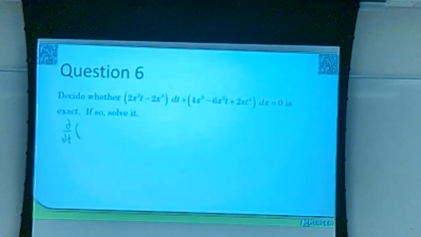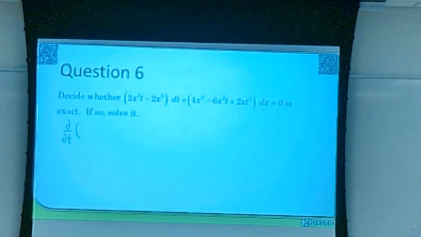What do you want partial t of? 2x squared t, 2x cubed, and dx. Right, so now the question is, why is it not 2x squared t minus 2x cubed?